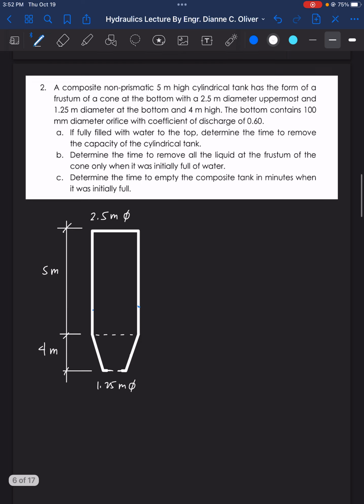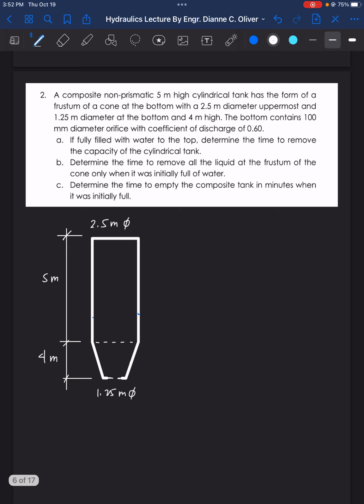So for letter A, if it is fully filled with water to the top, so we have our water here, the top. Determine the time to remove the capacity of the cylindrical tank. So this is our cylindrical tank and we are to remove it.